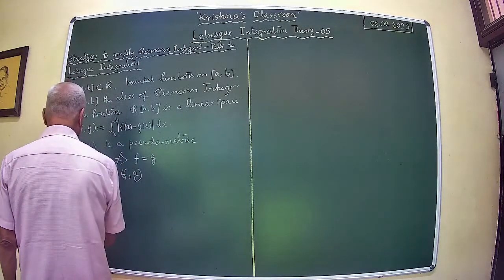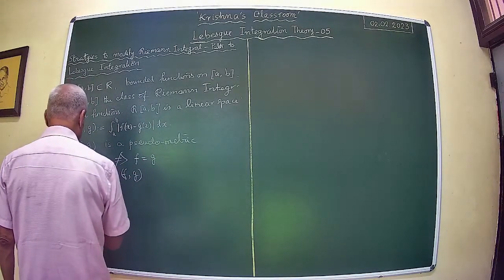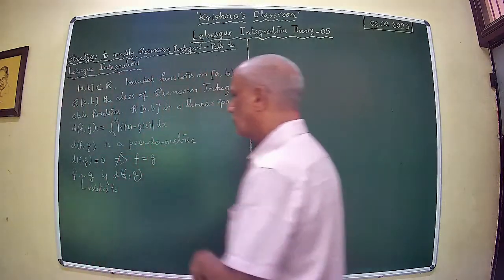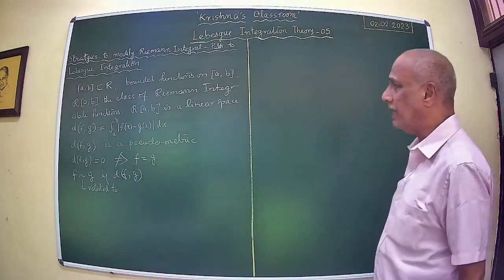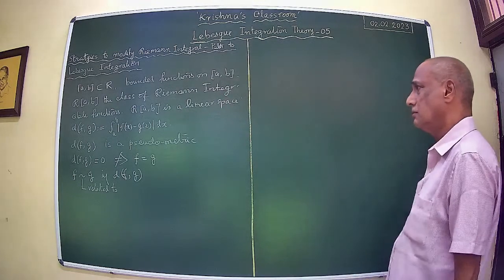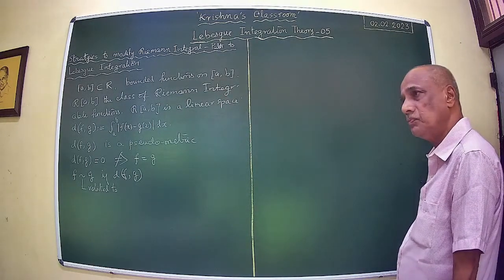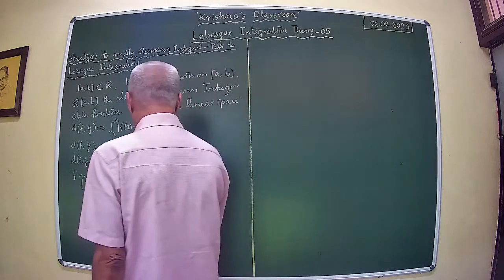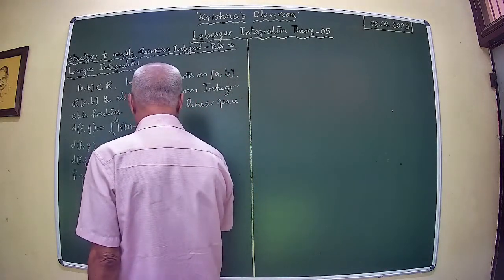Now this is to be read as, we define a relation on R[a, b]. And this relation is an equivalence relation.